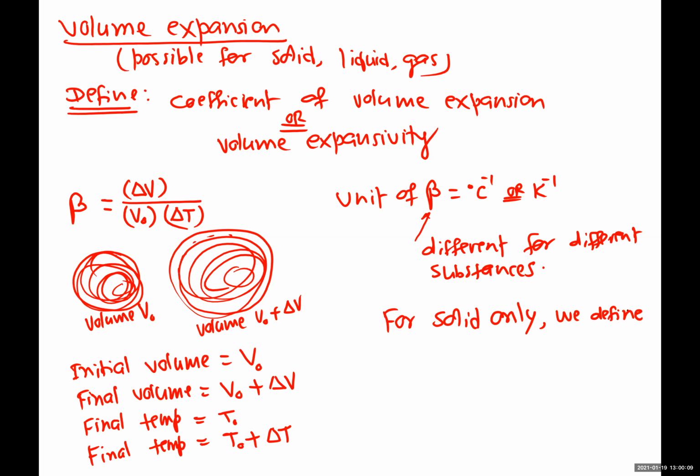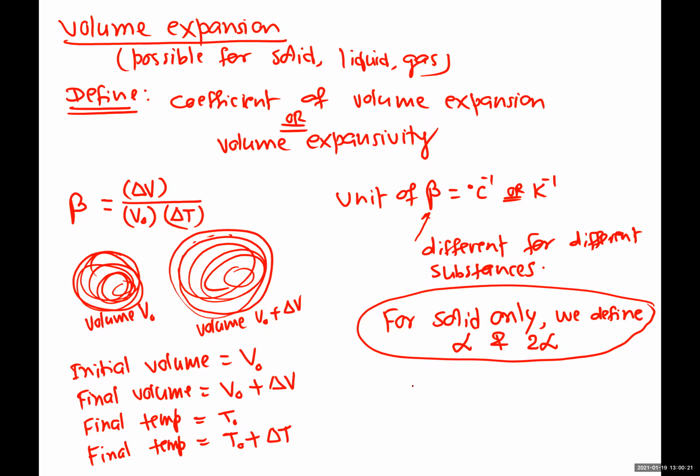Alpha and 2 alpha can be defined only for solids, but beta is true for all solids, liquids and gases. The relation between alpha and beta is beta equals 3 alpha.